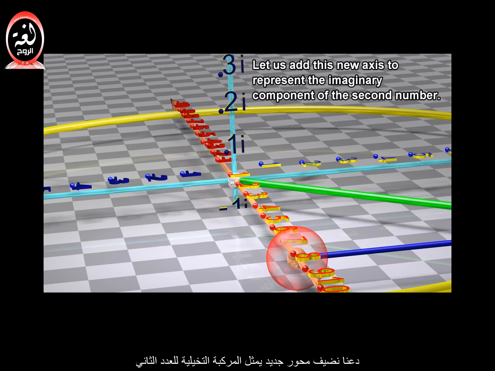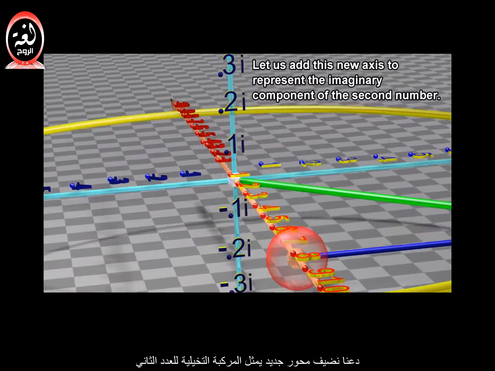Let us add this new axis to represent the imaginary component of the second number.